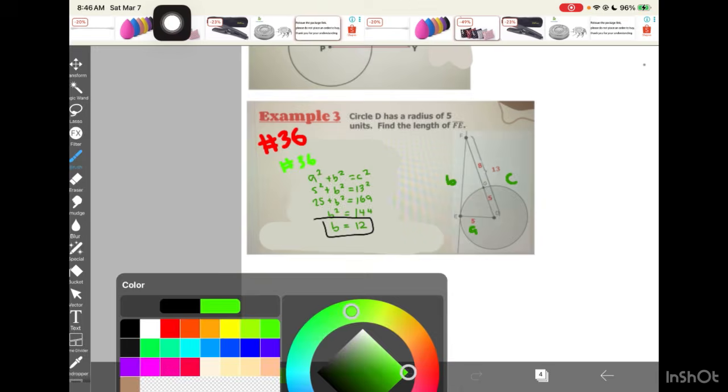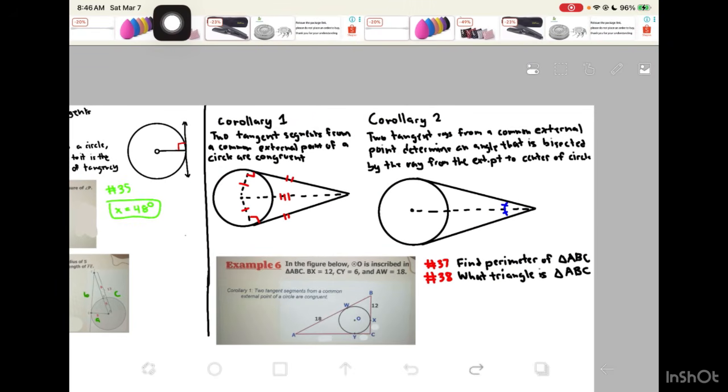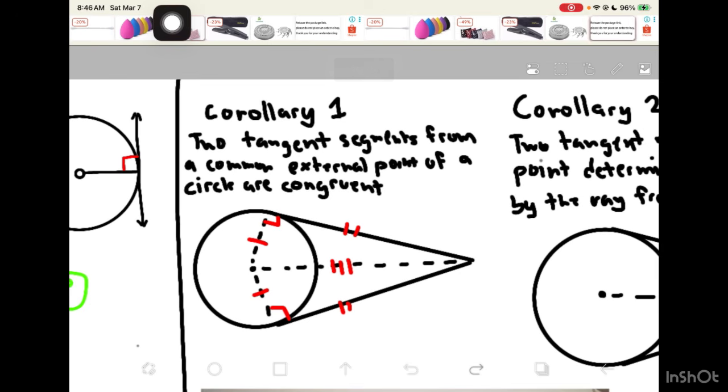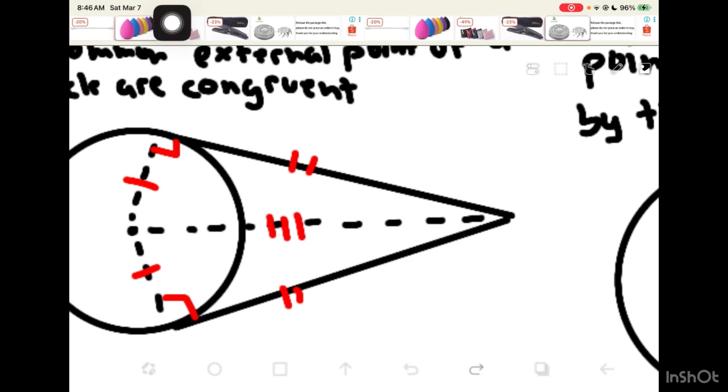Okay, nice. So there are also two corollaries. Corollary 1, two tangent segments that form a common external point of a circle are congruent. So as you can see over here, they have a common external point, and it actually creates, I believe, SSS. It could be SSS or SAS congruent postulate.